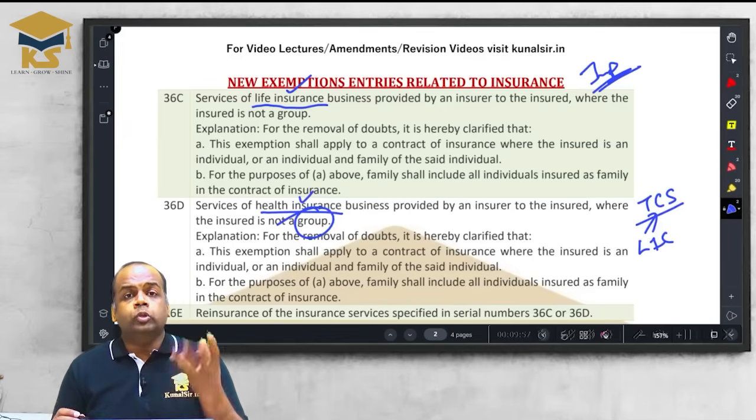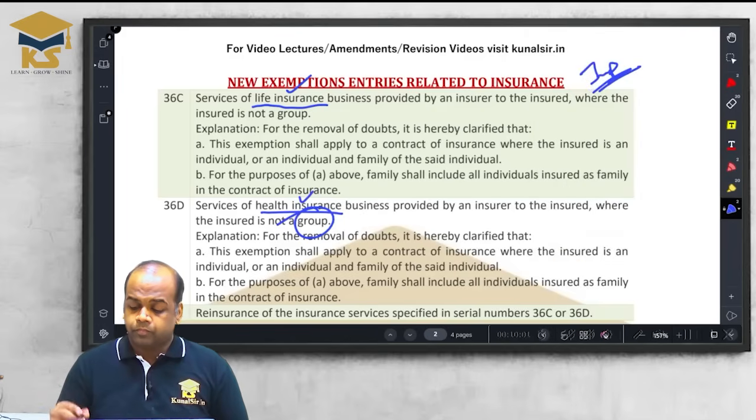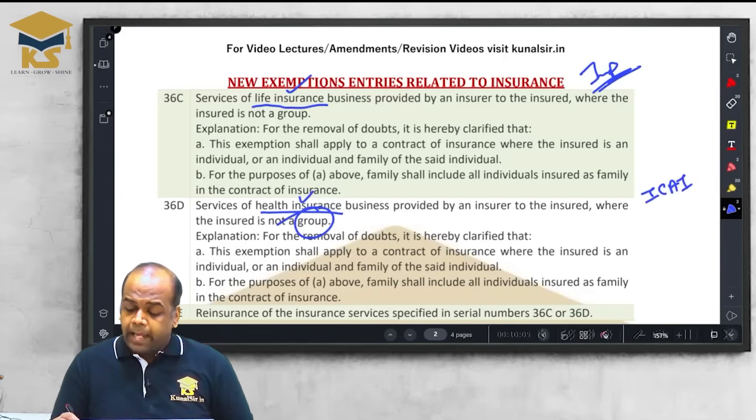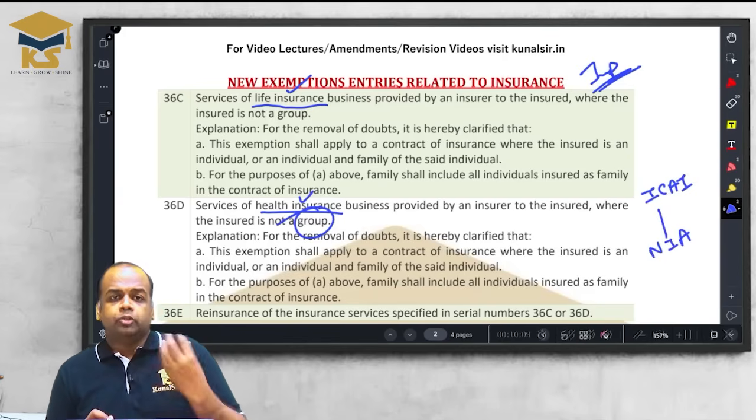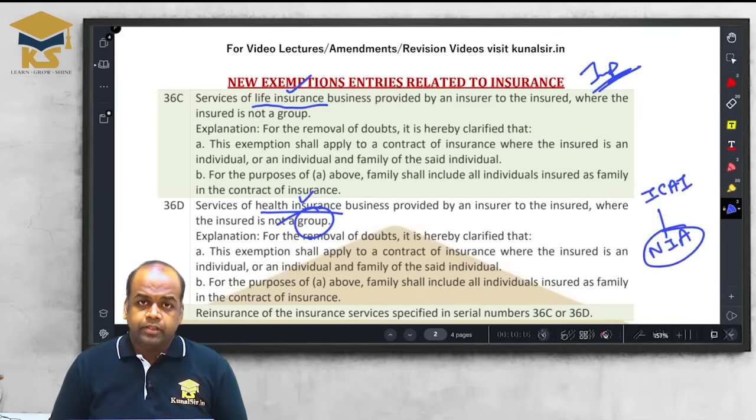Now what is non-employer-employee group? Like ICAI. ICAI has a tie-up with New India Assurance. All the members, all the students of ICAI can opt for a specific product of New India Assurance.